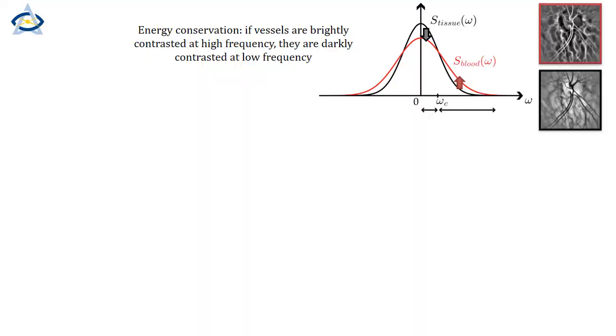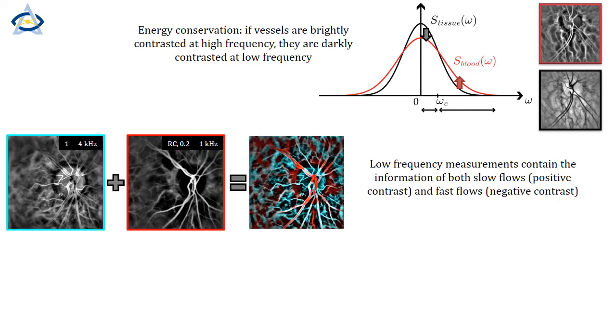So to summarize the different concepts that I talked about in this presentation, there was the energy conservation that explains why vessels are darkly contrasted at low frequencies. If vessels are brightly contrasted at high frequencies, they will be darkly contrasted at low frequencies. Low frequency measurements contain the information of both the slow flow and the fast flow.